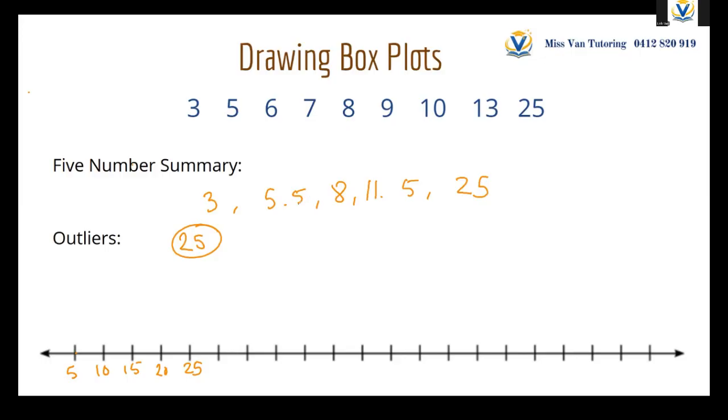Because you can see your Q1 and Q2 are 5.5 and 8, and you only have this much space for those two values to fit in. So you can just imagine that it would look really, really clustered.